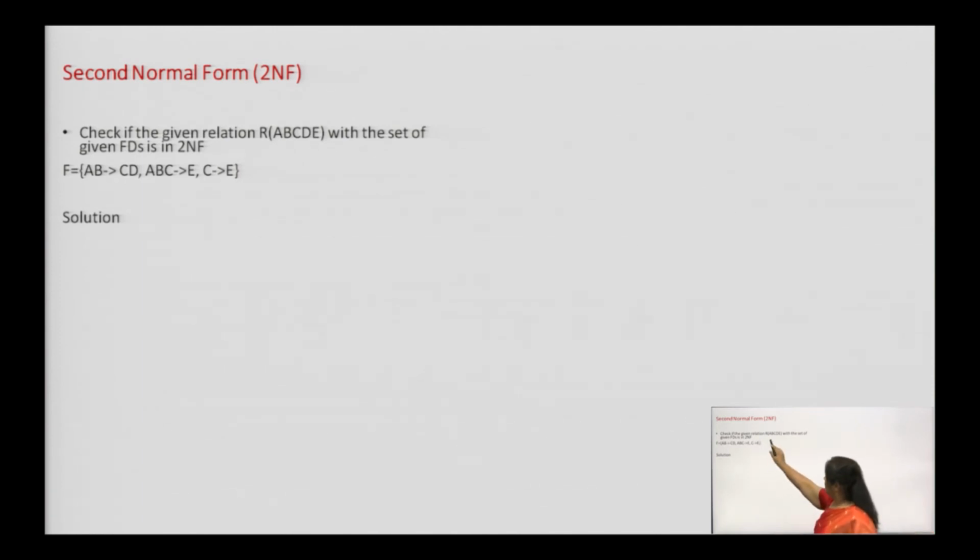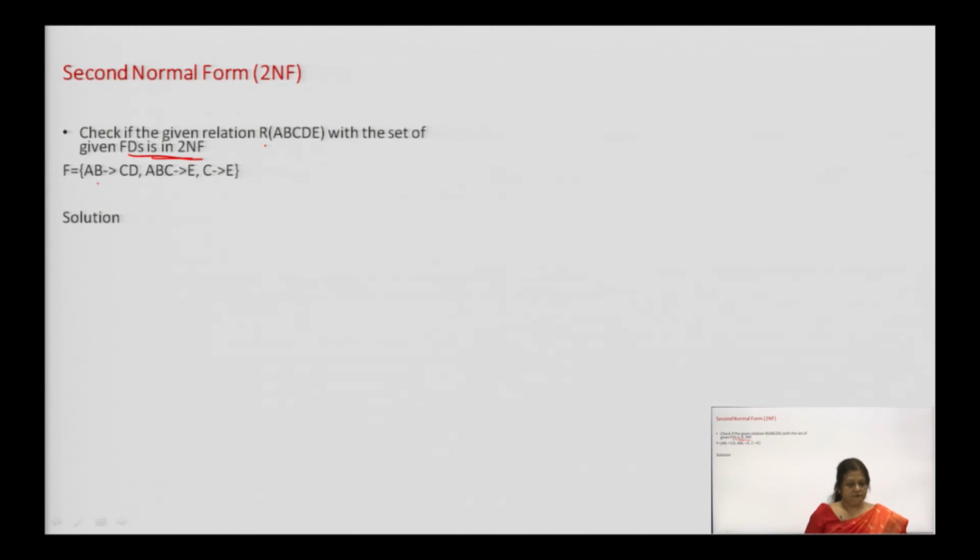Check if the given relation R(A, B, C, D, E), that means the relation R with the attributes A, B, C, D and E, and the set of functional dependencies AB to C, ABC to E and C to E, is in 2NF or not. So, from the algorithm we know what we will do.